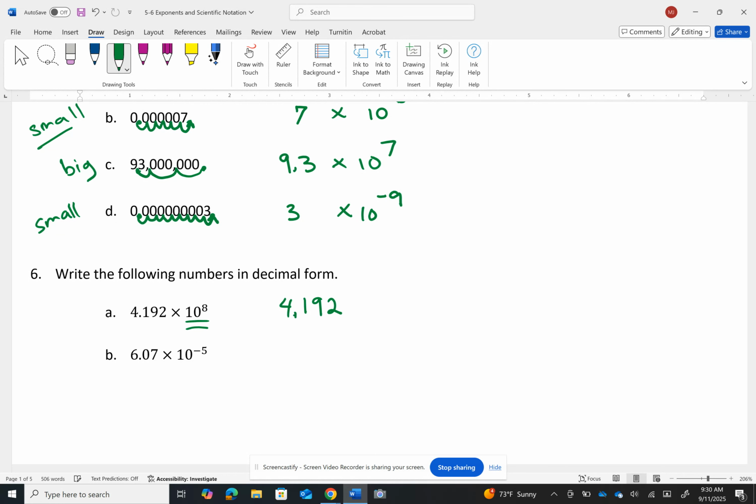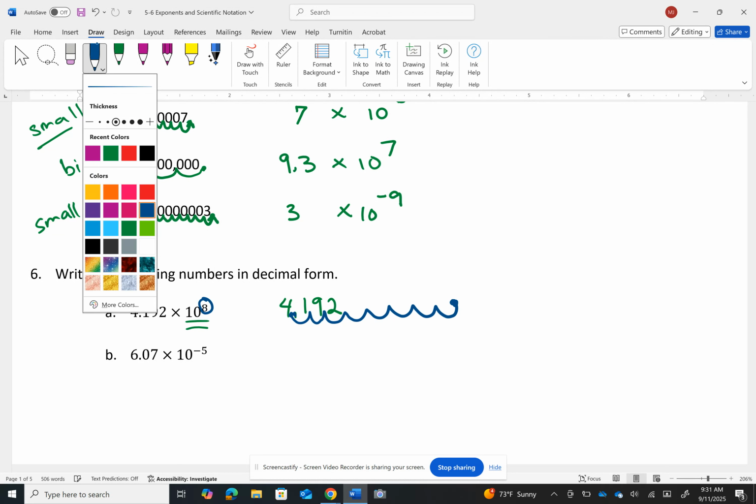So you don't want to move your decimal this way because that's going to be making the number small. So you know you're going to wind up multiplying by 10 8 times. Every time you multiply by 10, it's moving the decimal one spot. So you're going to need to move it 8 times. 2, 3, 4, 5, 6, 7, 8.